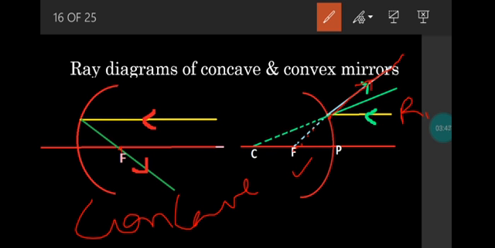Whereas in the convex mirror, when a light ray passes parallel to the principal axis, it diverges, so when we extrapolate, we get the focus point. So the saying will be: when a light ray passes parallel to the principal axis, it appears to be moving from the focus point in the convex mirror. That is the first rule.